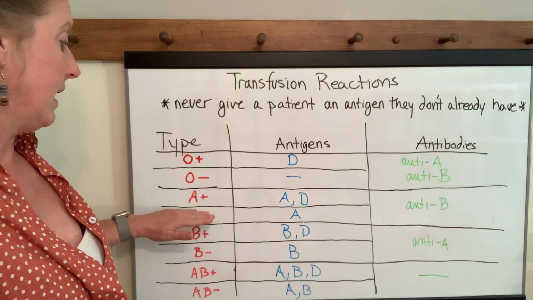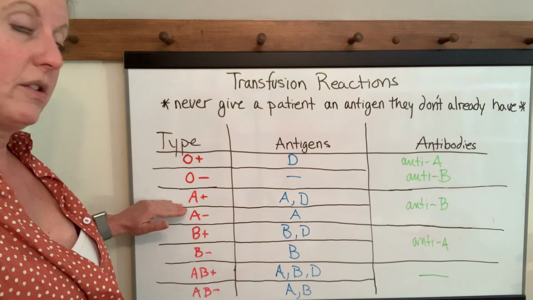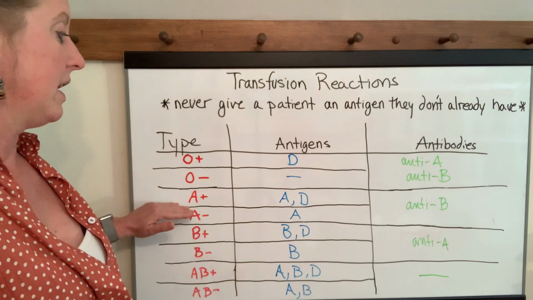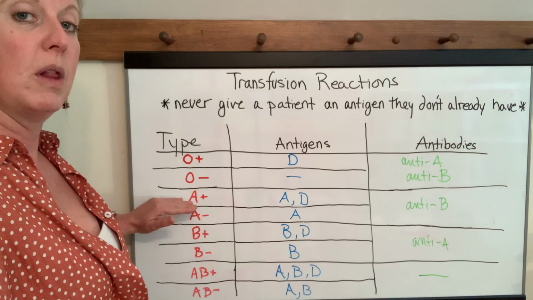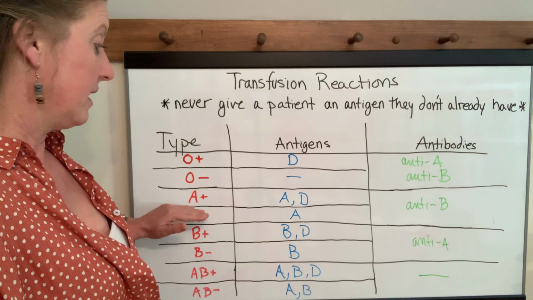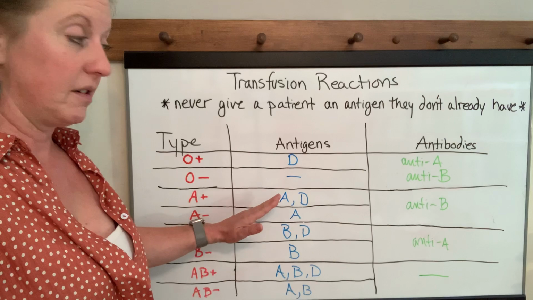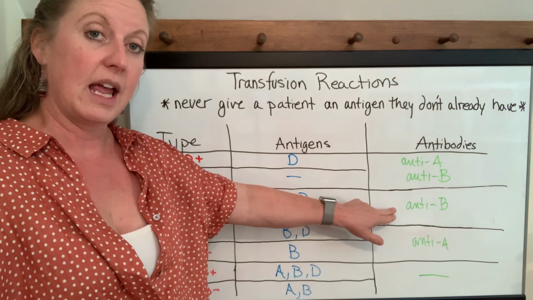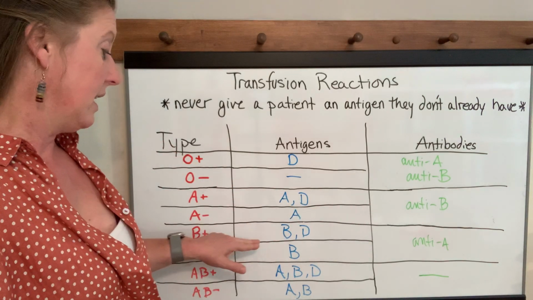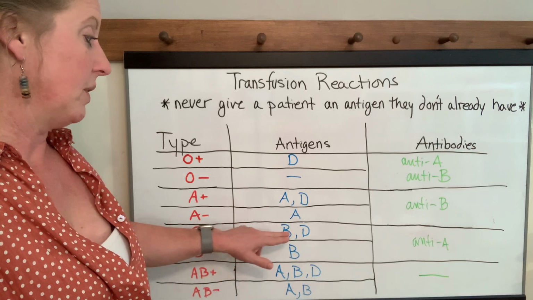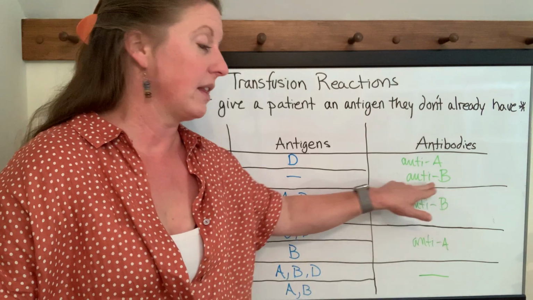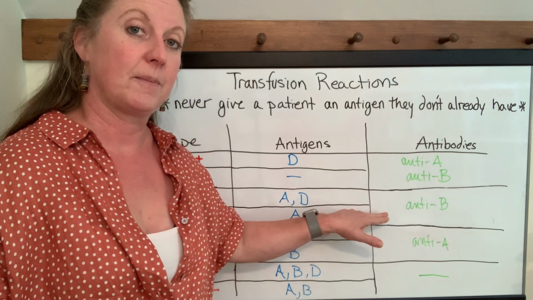If I give somebody with type A blood, either type, if I give them type AB blood, then the A antigen is fine because there's no anti-A antibody here. But the B antigen in AB blood is going to be attacked by the anti-B antibody.